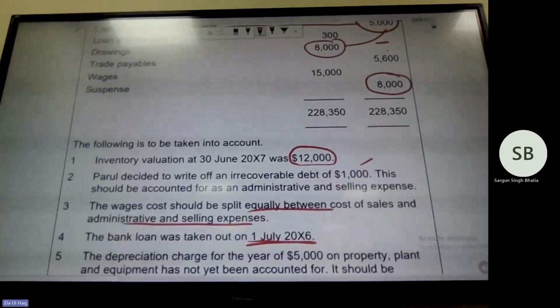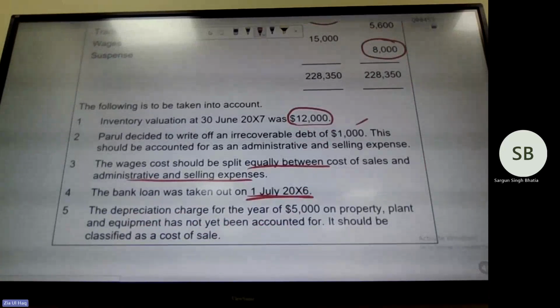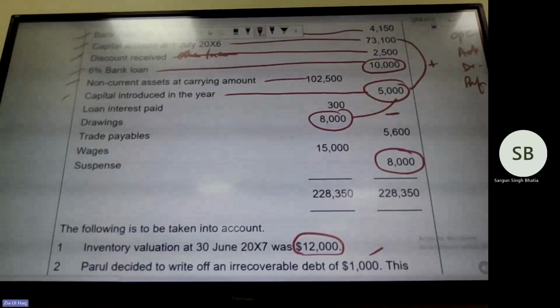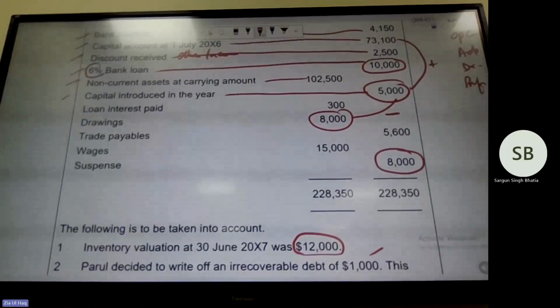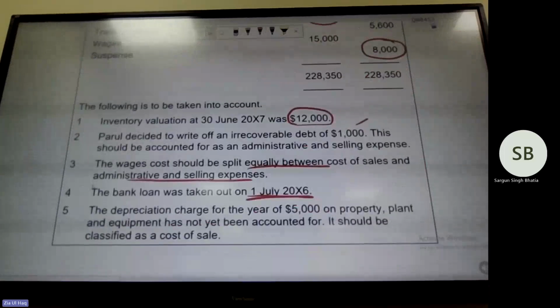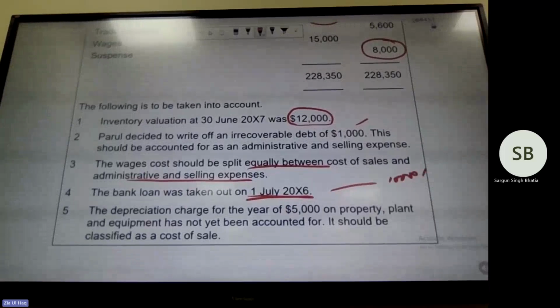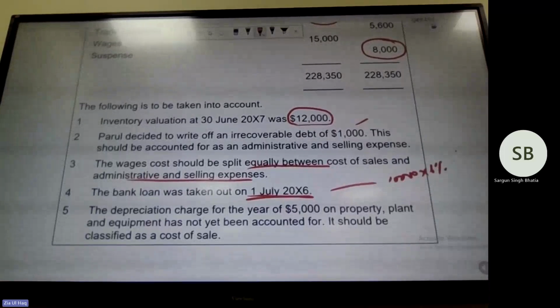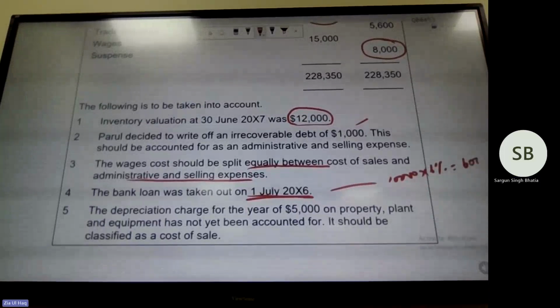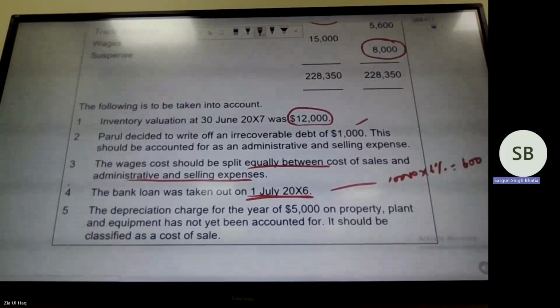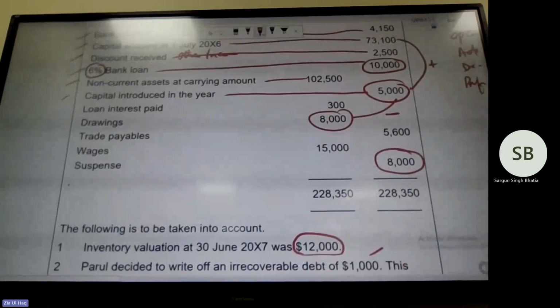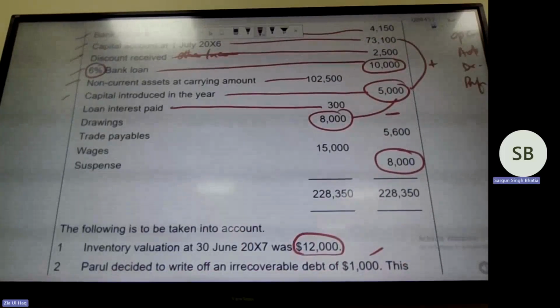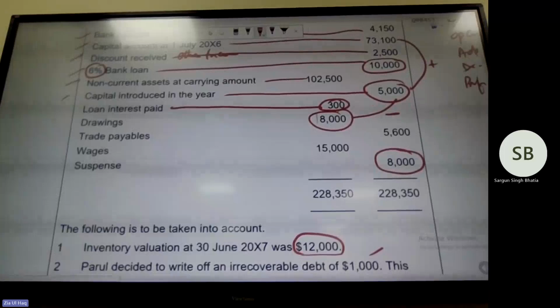This means in the current year, we need to record interest for the complete year. What is the interest rate? 6%. So 10,000 is the amount of loan, 6% interest. What is the amount of interest? 300? 600. Yes, sir, 600. How much have you recorded as interest paid? 300. Meaning 300 you have already paid.